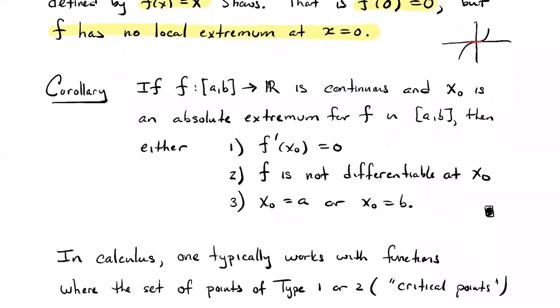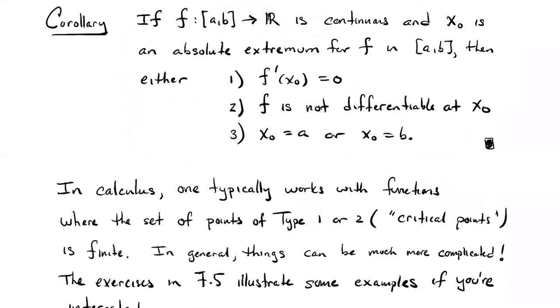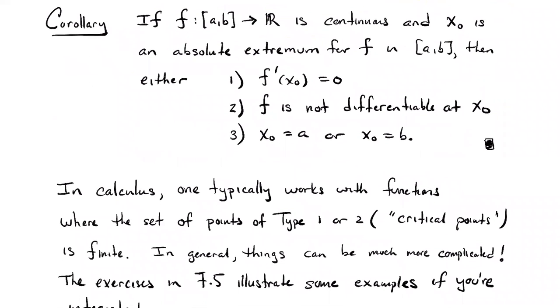Cool. So we're going to end by stating a corollary and having a brief conversation here. If we take some function on a closed interval, and you take x0 to be an absolute extremum for it, I know such a thing exists by the extreme value theorem. Well, then there's one of three things that has to be true about that x0.